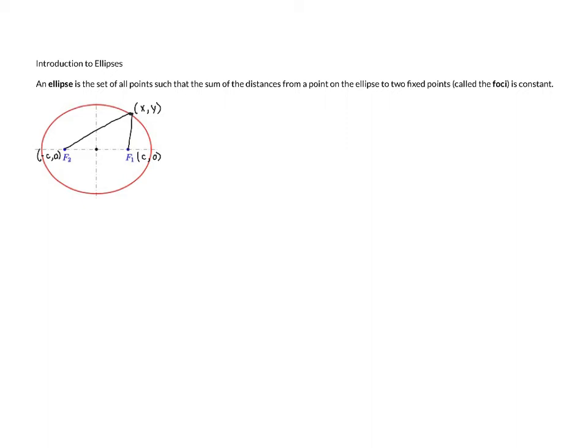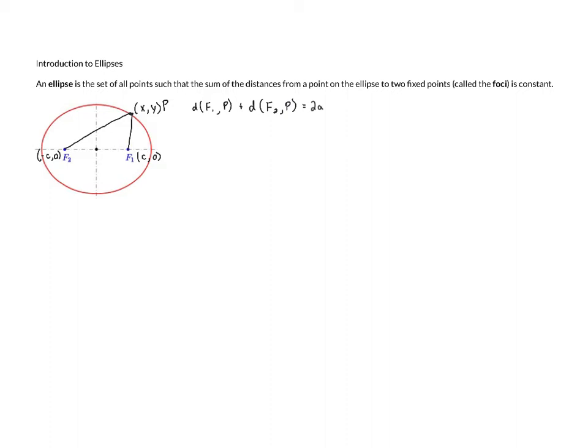So what we're going to say is that the distance between F1 and our point P plus the distance between F2 and our point P, we know that it has to be constant, and we're going to call this constant 2a, which you'll see in a little bit is going to make things easier.